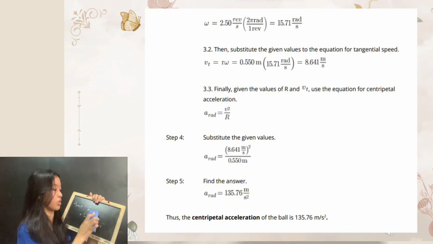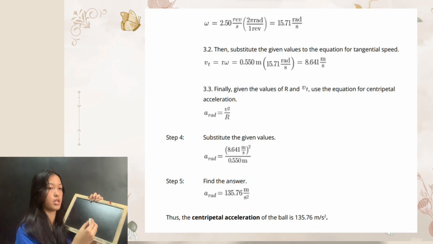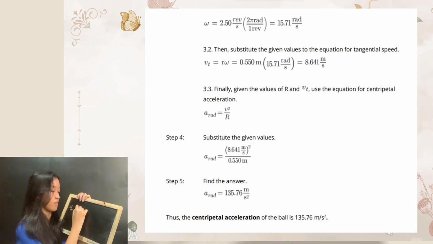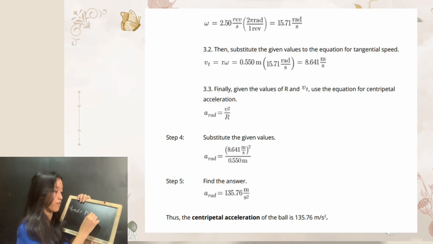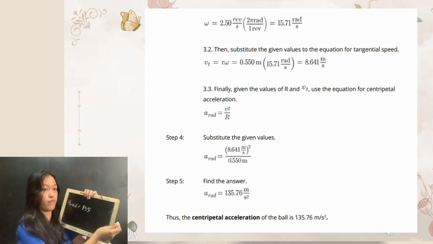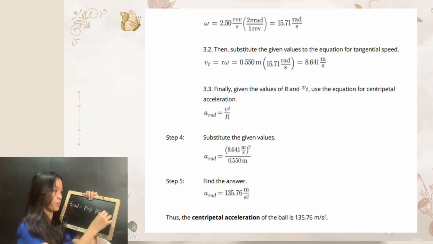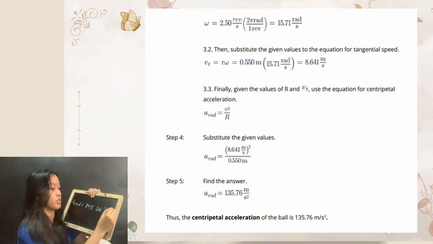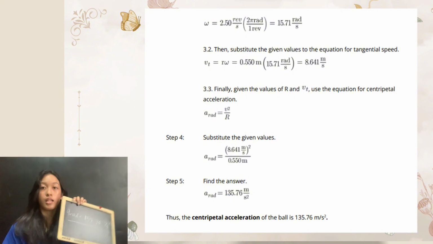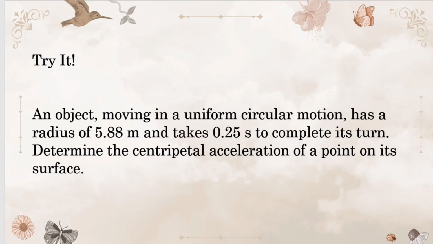Solving this, the result is 135.76 meters per second squared. So that is the centripetal acceleration for example 3.